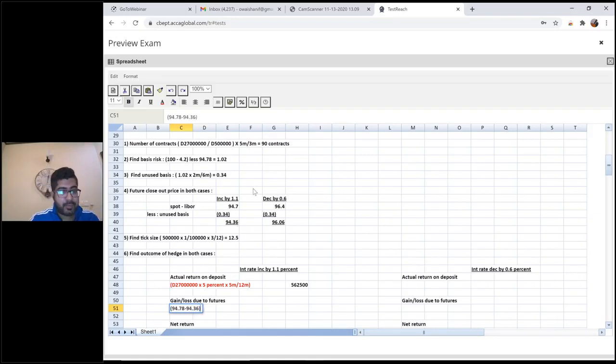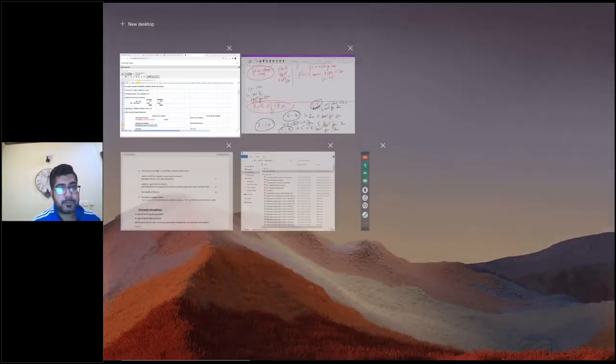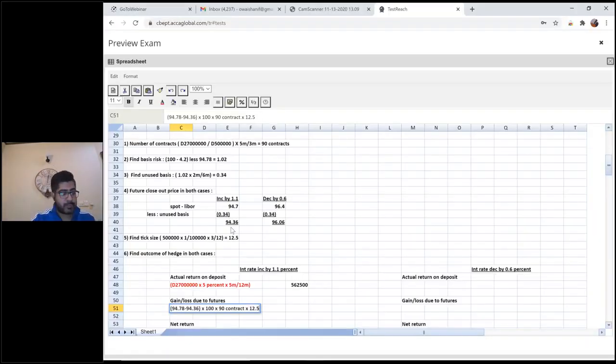In the increase case, you have just calculated the futures closeout price, 94.36, in the fourth step. Into spot, 100, into number of contracts, 90, into tick, 12.5. Difference between futures price 94.78 and future closeout price 94.36 into spot, into contracts, into tick.